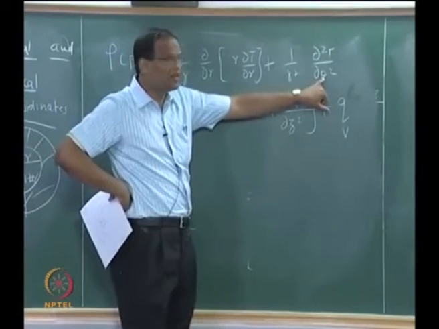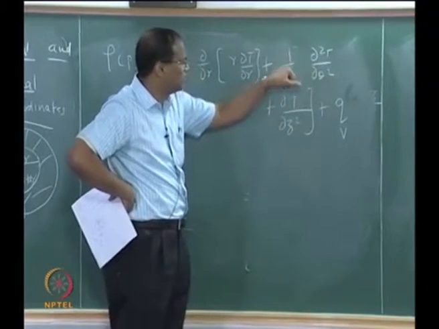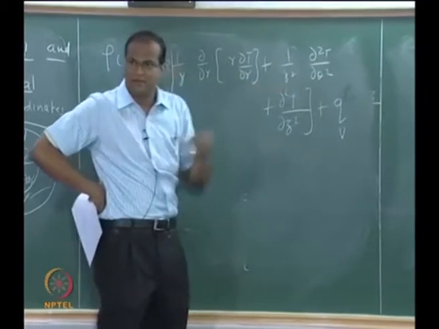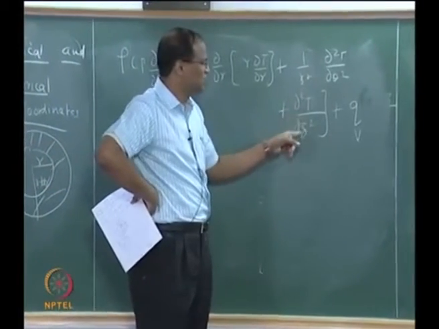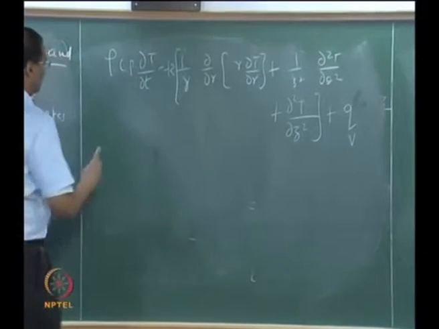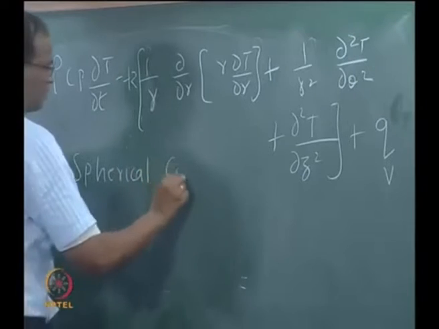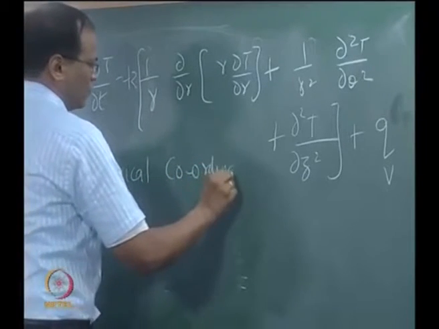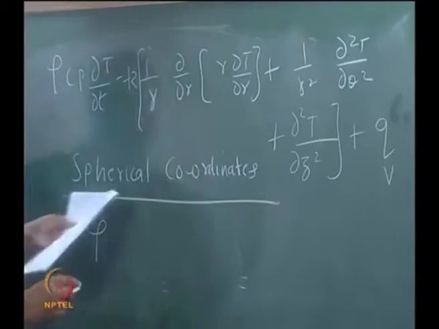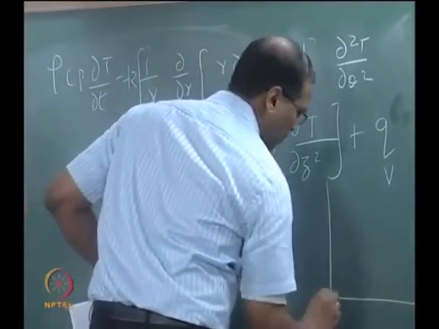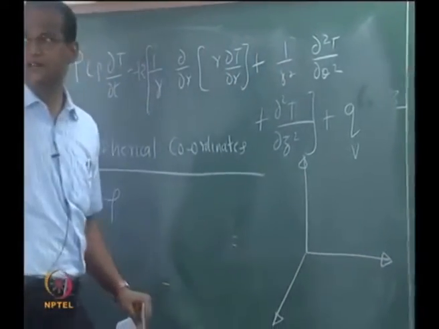Then theta is dimensionless, therefore d squared T by d theta squared has to be multiplied by 1 by r squared, otherwise it is not dimensionally consistent, then d squared T by dz squared. Now for the spherical coordinates, we saw the spherical coordinates in our discussion on radiation.